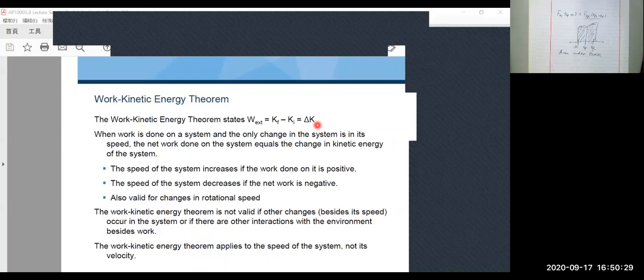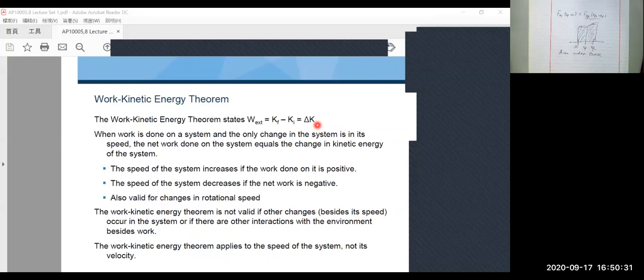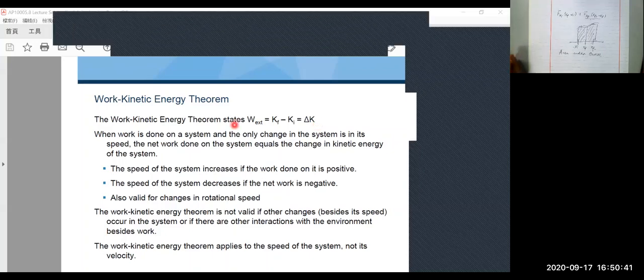When other energy terms come in, we would consider them in greater detail. But if there is only interconversion between the two, then this would be the work kinetic energy theorem. So it sounds like a big name, but it is just a special form of the conservation of mechanical energy, if you like.